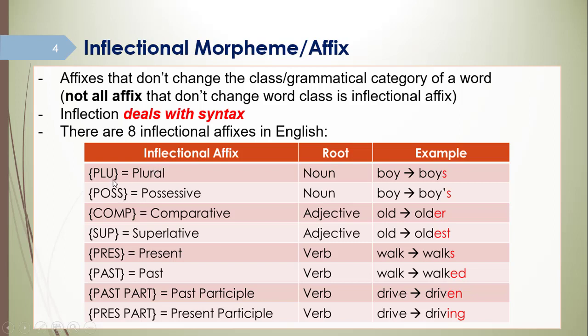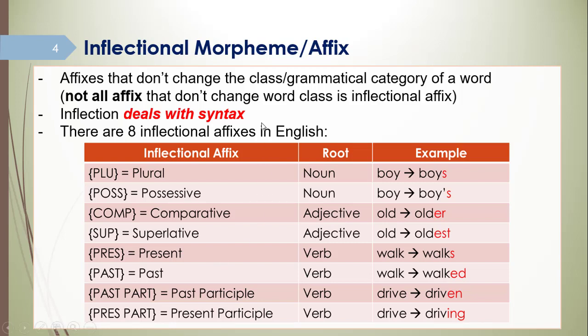Tolong dihafalkan ini: plural, possessive, comparative, superlative. But actually you don't have to memorize because this is the real characteristic of inflectional affixes. Jadi jika kalian menemukan affix yang berkaitan dengan syntax atau berkaitan dengan tenses, itu pasti adalah inflectional affix.